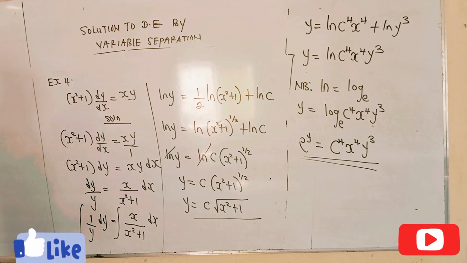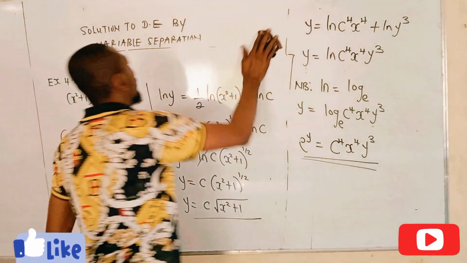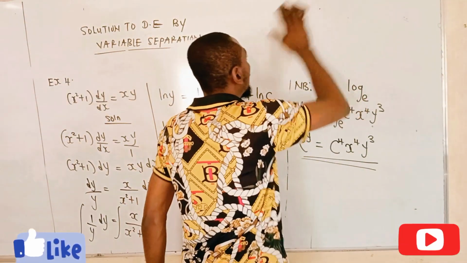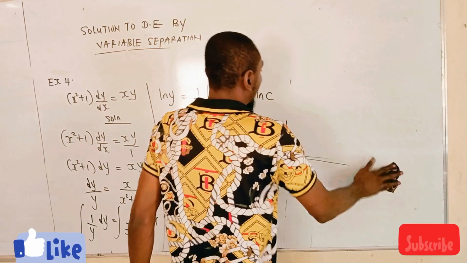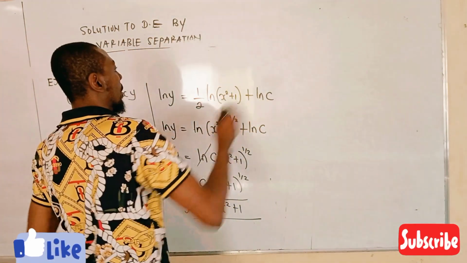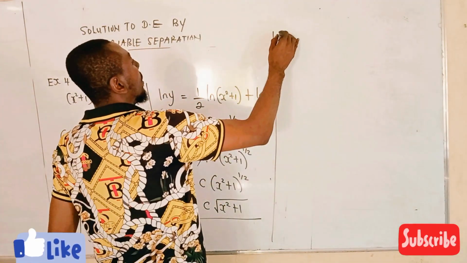Then the last example we're going to look into now is example number 5 before we close variable separation.